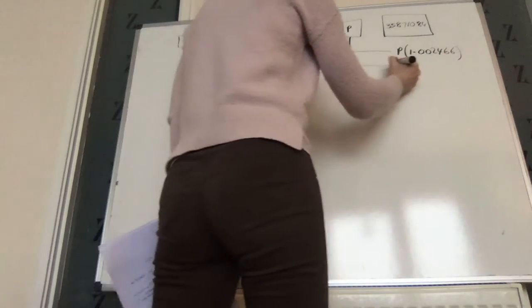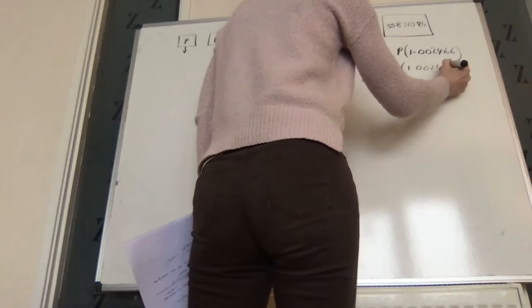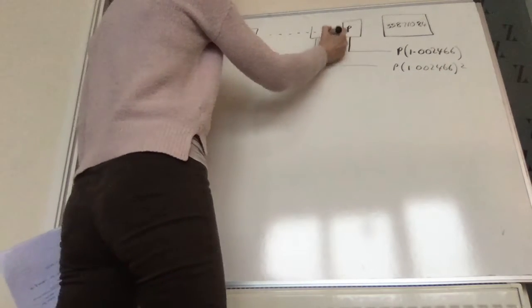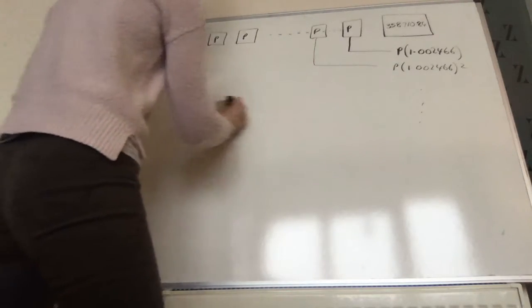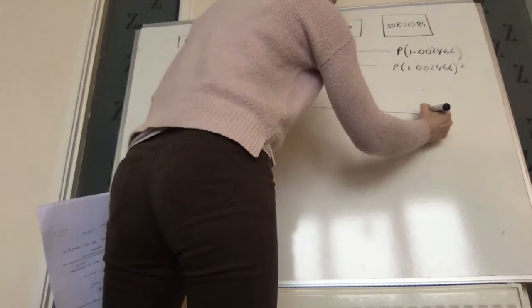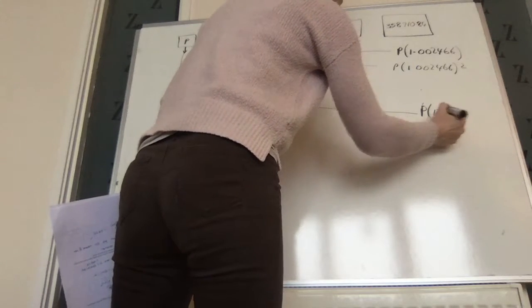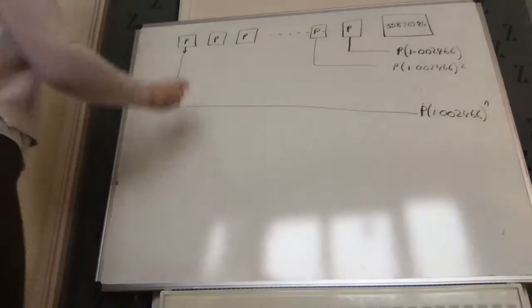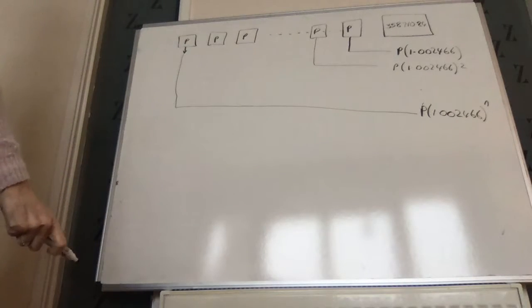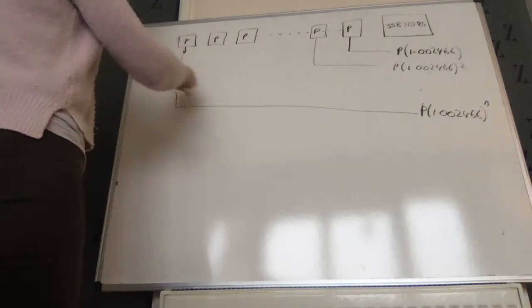The P before that will be P times 1.002466 to the power of 2, because it'll have been in for 2 months, all the way back to the very first payment, which is worth P times 1.002466 to the power of n, because it's been in for n months. So we want the sum of these to be equal to this. He's collecting all his future values at the one time right here, and they need to sum up to give us this. So this is a geometric series.